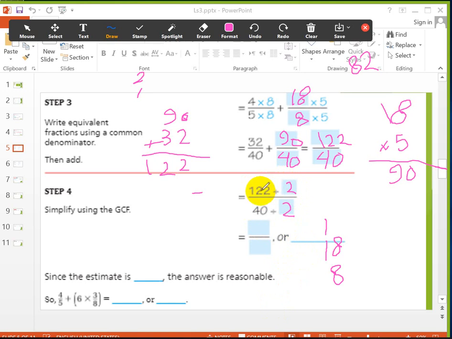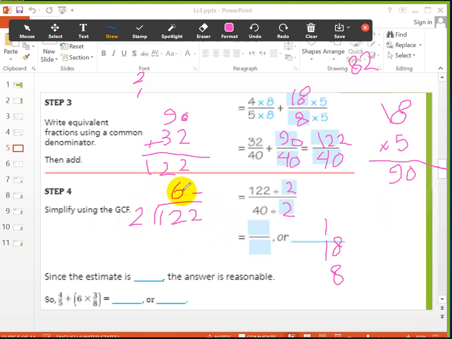So if you divide 122 by 2, it will be what? Try to divide 122 by 2. Let's try as we learned by using the ladder. Now 12 divided by 2 equals 6. Thank you, Farah.